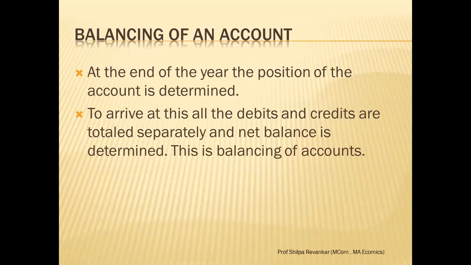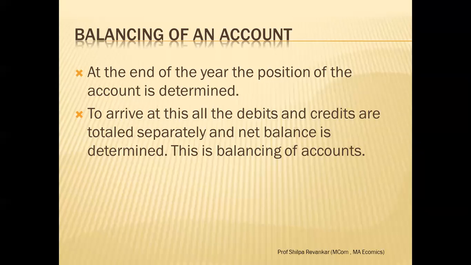Then we have a concept called balancing of an account. Now, what is balancing of an account? Balancing of an account means at the end of, say, every month or every year, we want to know how much amount has to come from one person or how much amount we have to pay to one person.